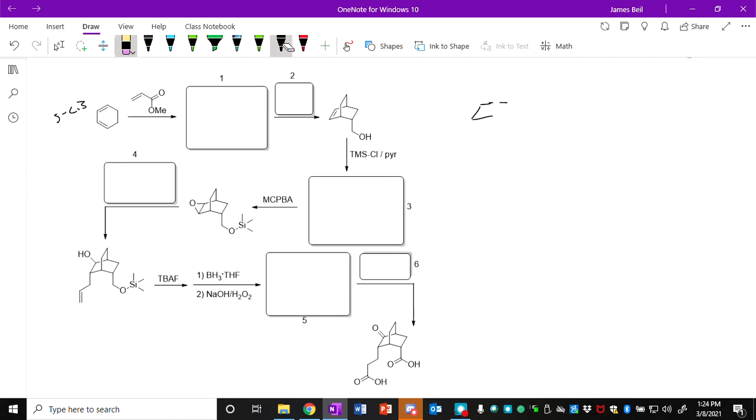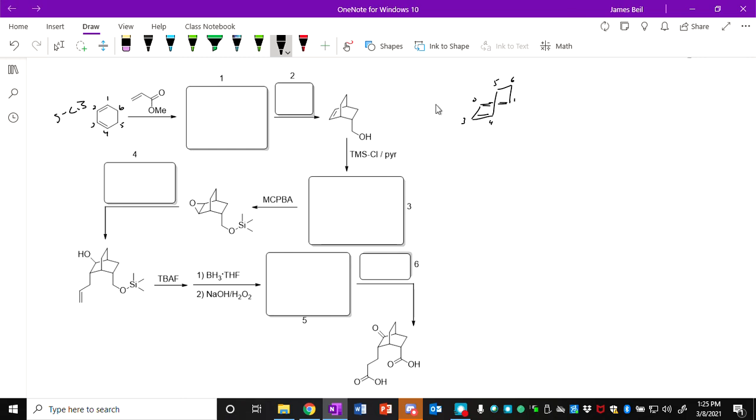We've been doing that a lot lately. There, add an extra carbon. So I've got my pi bonds here and here. If I numbered this one 1, 2, 3, 4, 5, 6, and I numbered this one in the same way, I would have 1, 2, 3, 4, 5, 6.